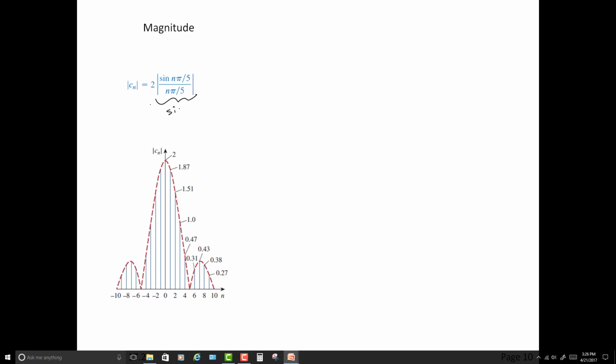This is the sinc of n pi over 5. You probably remember seeing something like this from trigonometry, possibly even in high school. Very important function when it comes to the Fourier series and the exponential form. We showed one example here right off, the principal example, an easy one that comes right off the top.